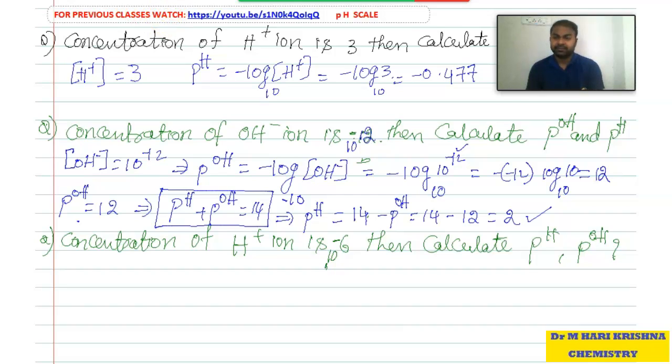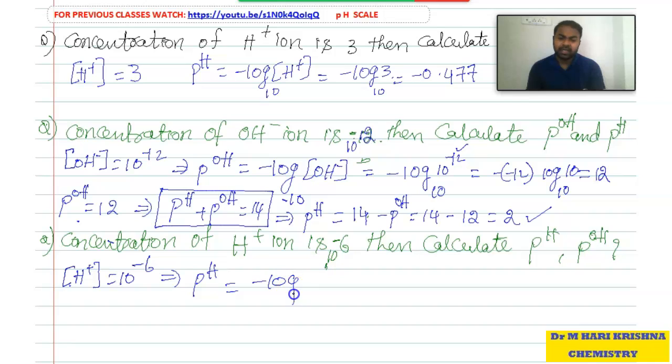Next, concentration of H plus is 10 power minus 6. So they have given the concentration of H plus as 10 power minus 6. Then calculate the pH value just like above.